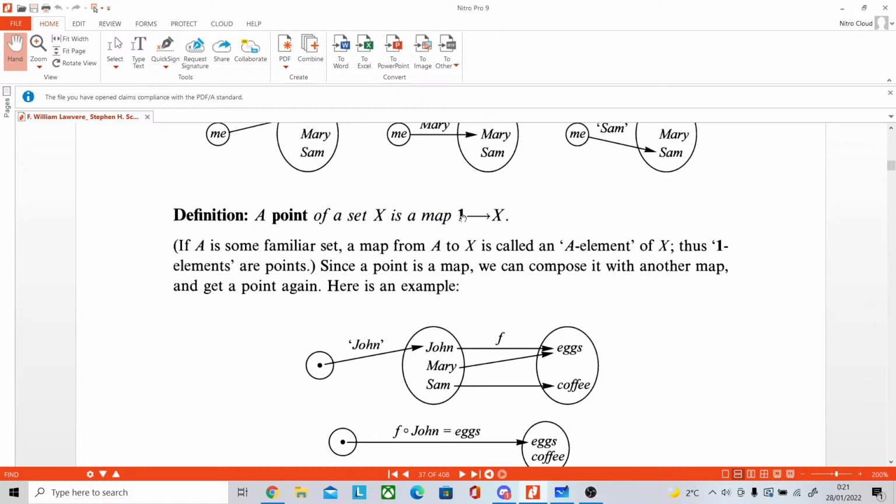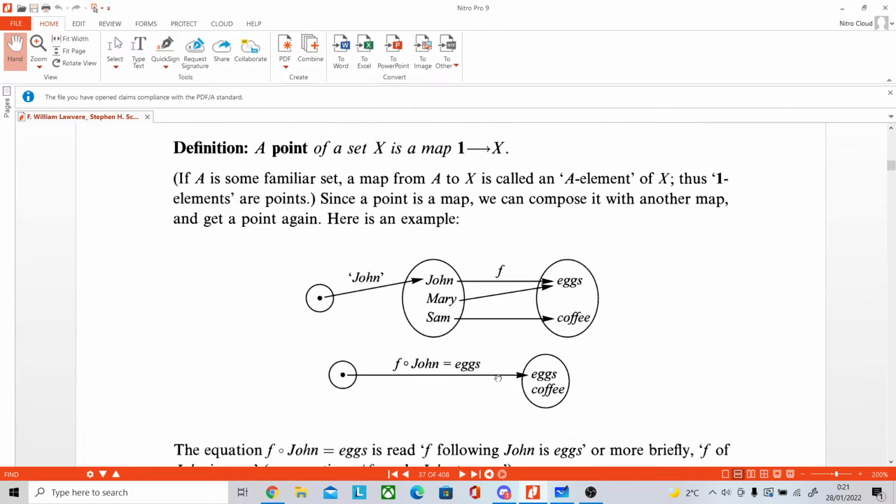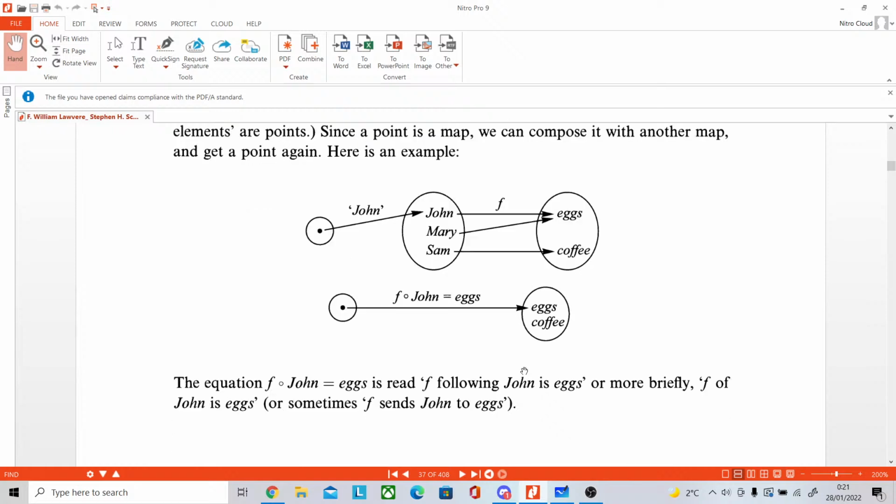This is a map from 1 to X, so this is also a point. It clearly just points to eggs, just following from here and here. So this composition F composed with John is the point eggs.